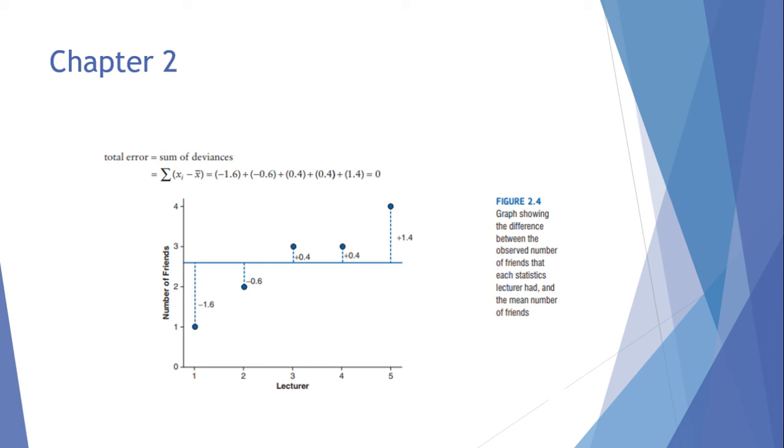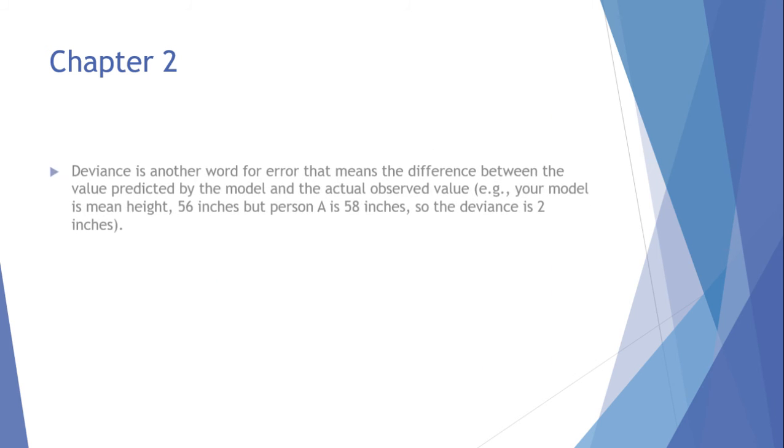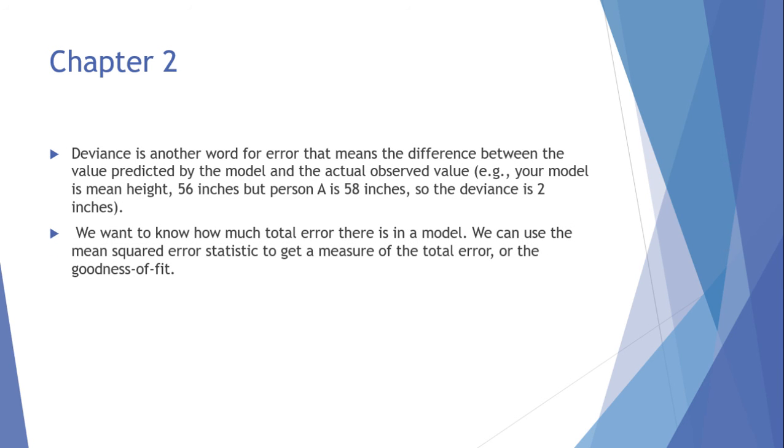And the bigger those squared deviances, the bigger your error is going to be. So the way they get around this cancellation problem that I talked about before, where negatives cancel out the positives, is you square everything, and then everything turns positive.